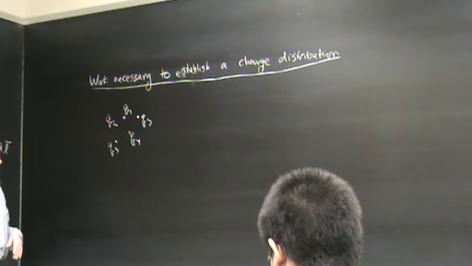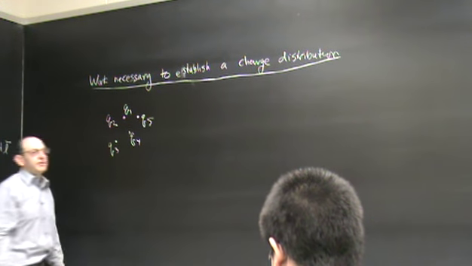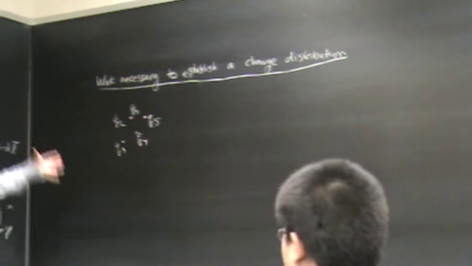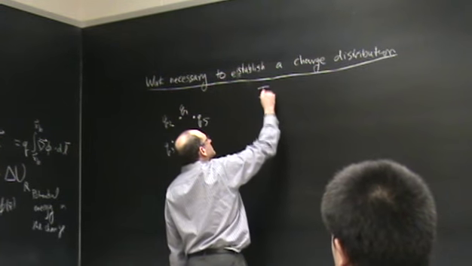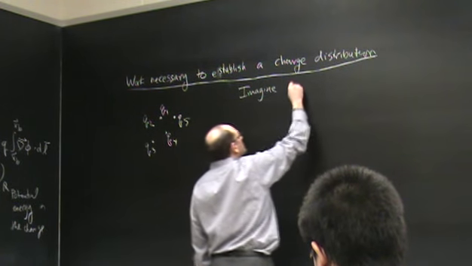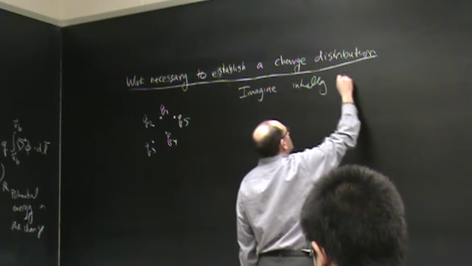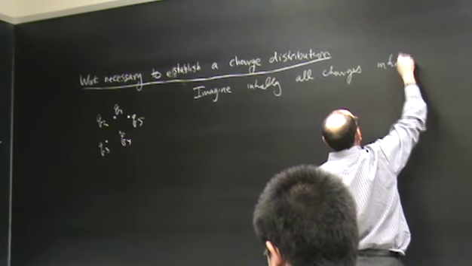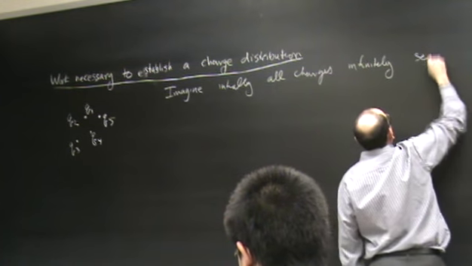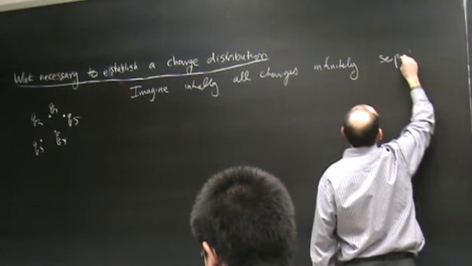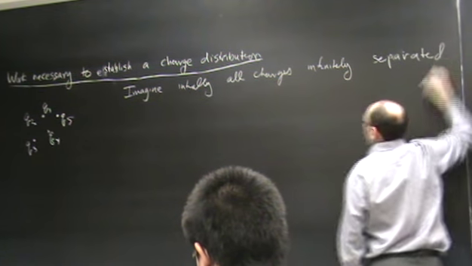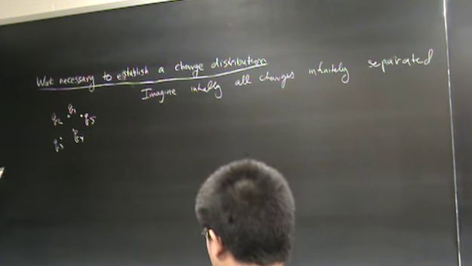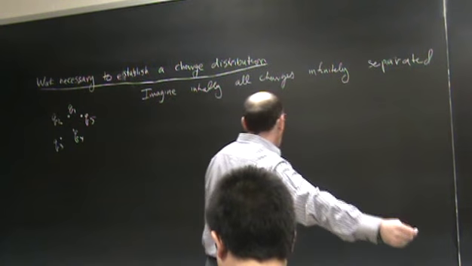In order to establish this charge distribution, I can imagine initially all of the charges infinitely separated, so they don't feel each other's presence. And then I bring in each charge from infinity one at a time.